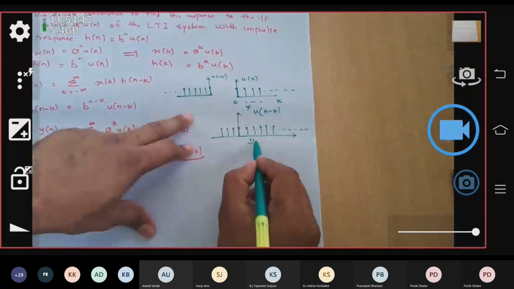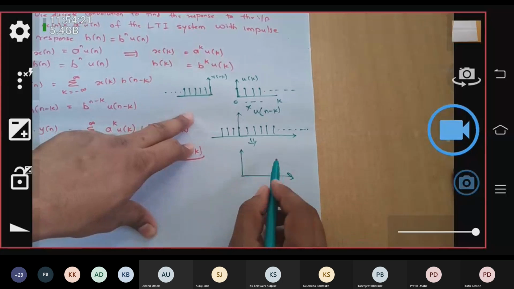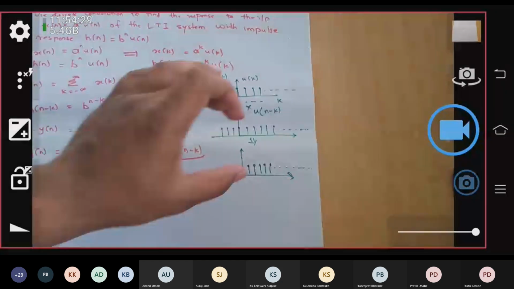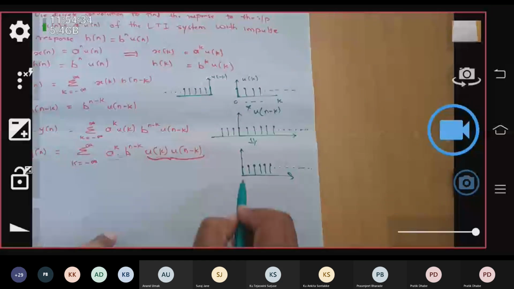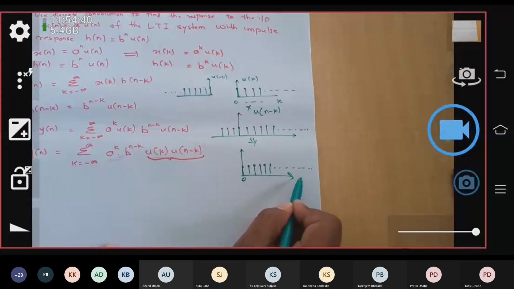You are getting this on a positive axis, and this will keep on continuing. So actually, this is not changing the magnitude of the original function. It is only changing the limits, and the new limits are now from 0 to the positive axis, that is up to n.